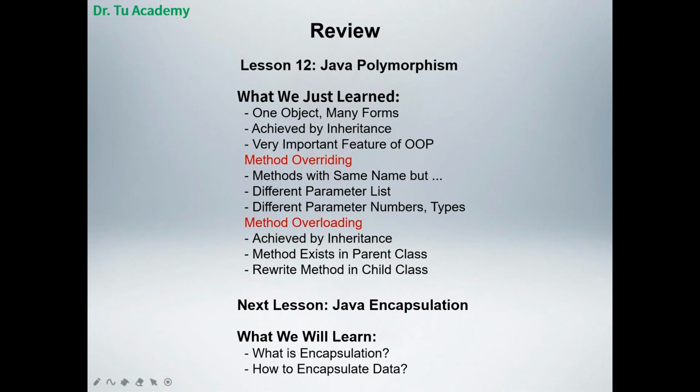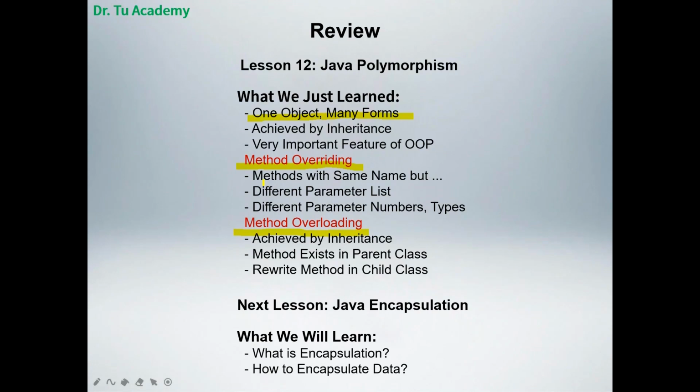Let's summarize what we just learned about Java polymorphism. Polymorphism means one object can have many forms. Java polymorphism allows us to use the same method name for different method implementations. So we use method overriding and method overloading to achieve Java polymorphism.